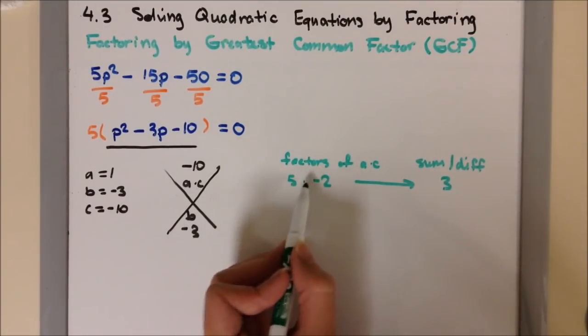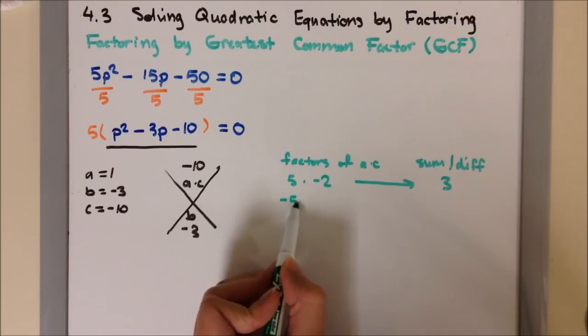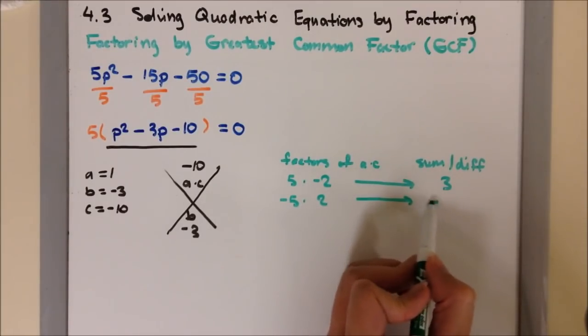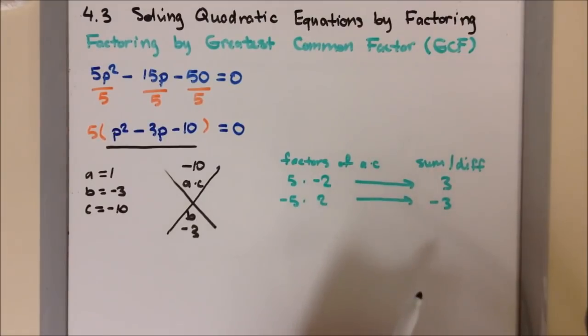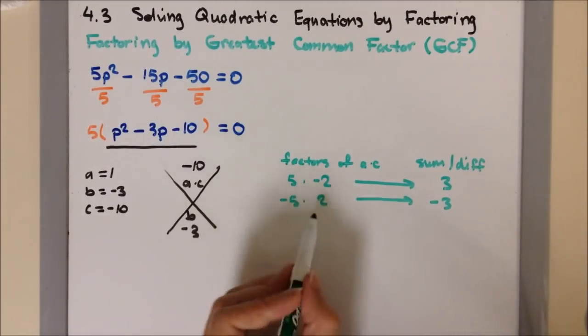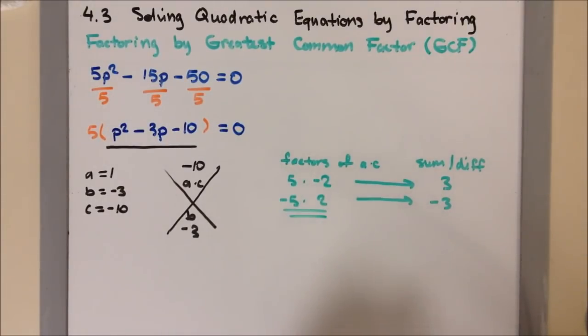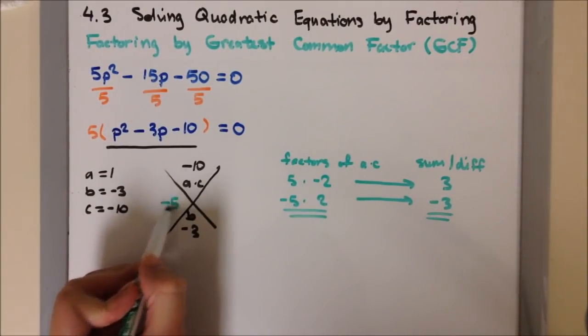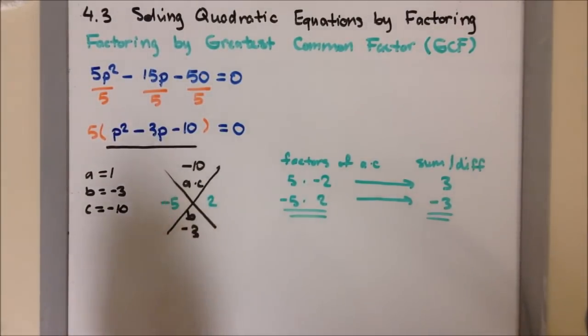So it doesn't exactly match with my B. So what I'm going to do is switch a sign to negative. So negative 5 times positive 2. That will be negative 3 for the sum and difference. So it matches. So these are correct factors. So I'm going to write negative 5 here and positive 2.